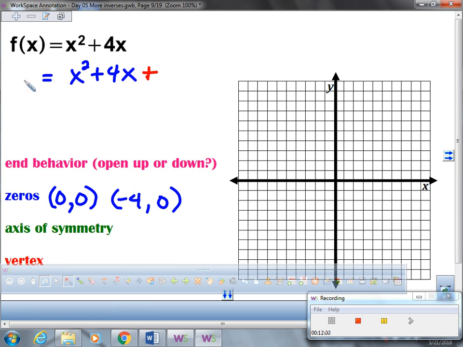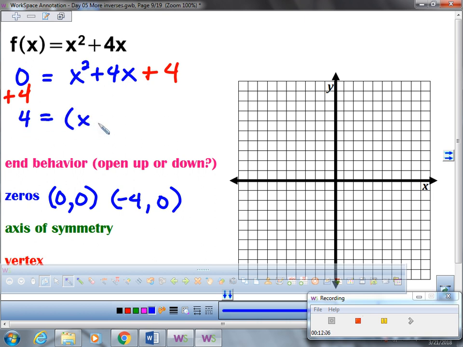They set it equal to 0, and they added 4 to both sides to complete the square, right? Then you could square root both sides and get plus or minus 2 equals x plus 2.